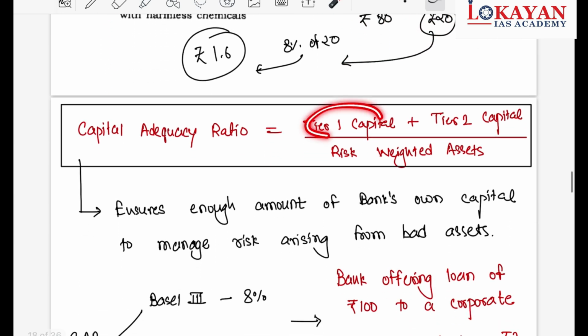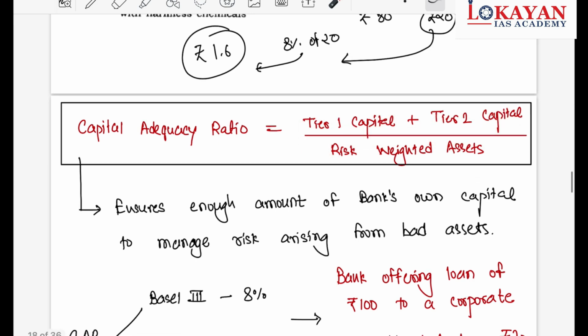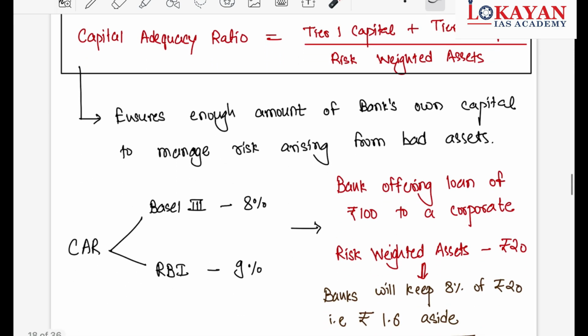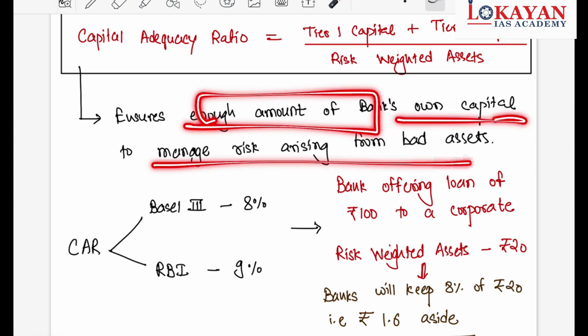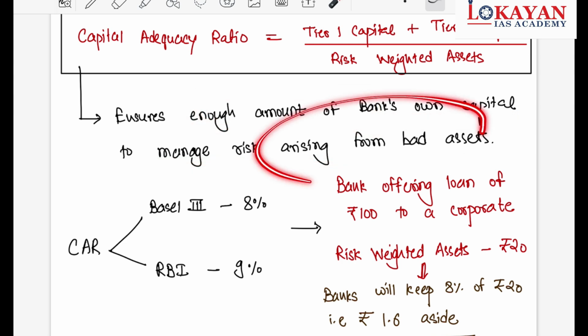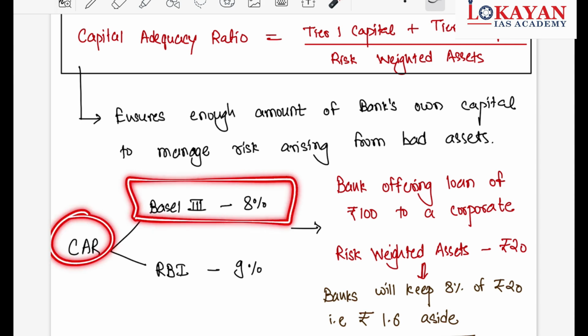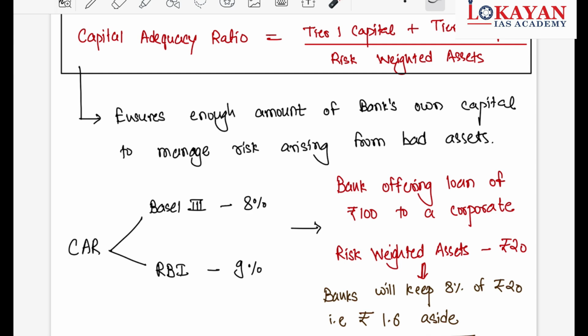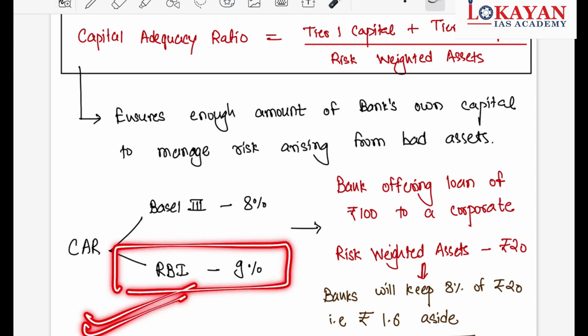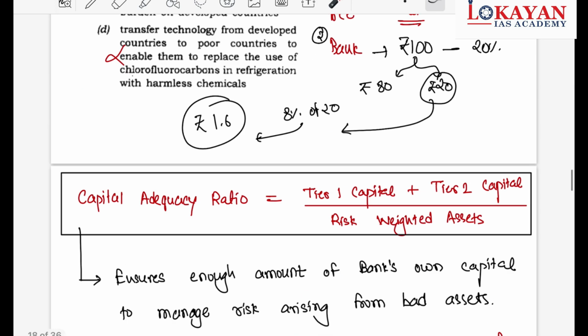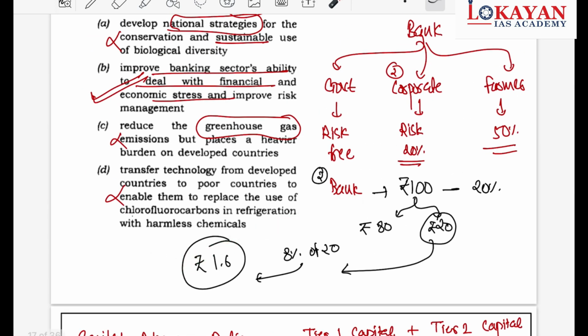So the capital adequacy ratio ensures enough of the bank's own capital to manage risk arising from bad assets. As per Basel norms, it is 8%, and remember, RBI's CAR norms are higher, at 9%. And this is the example which I explained to you here.